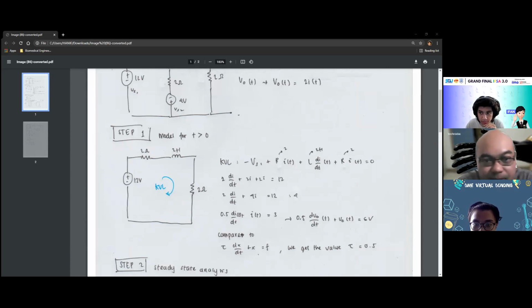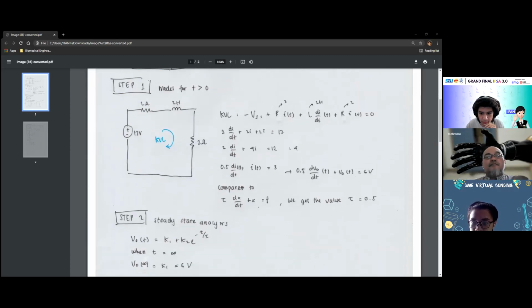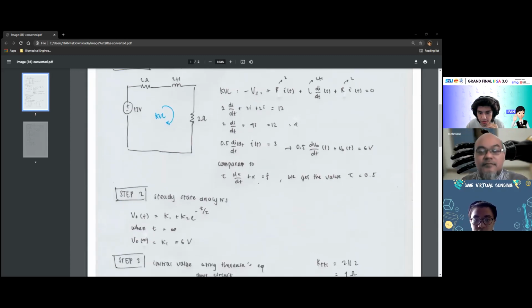Then we're going to find the equation here. So we can see that the tau is 0.5 and it is equal to 6 volts. And since 6 volts is also the K1, in step 2 we can use the steady state analysis to find K1, which is equal to the voltage at time equals infinity.